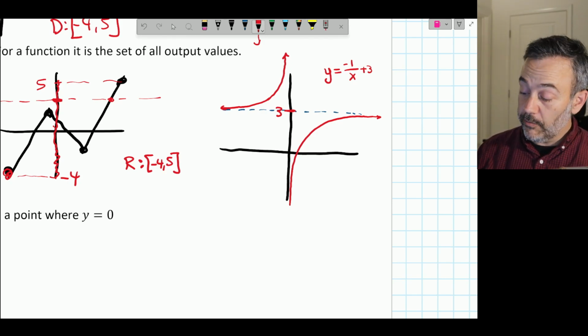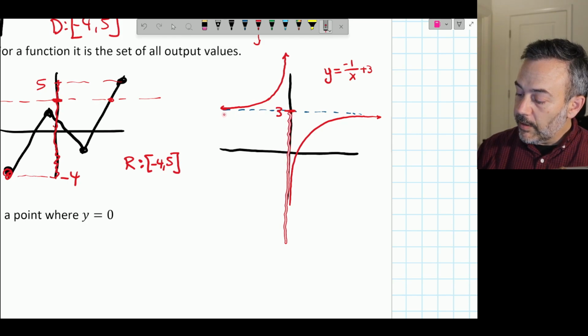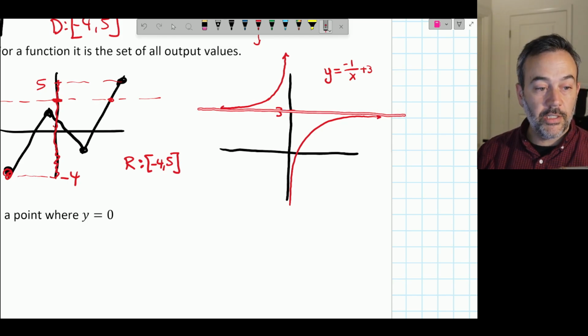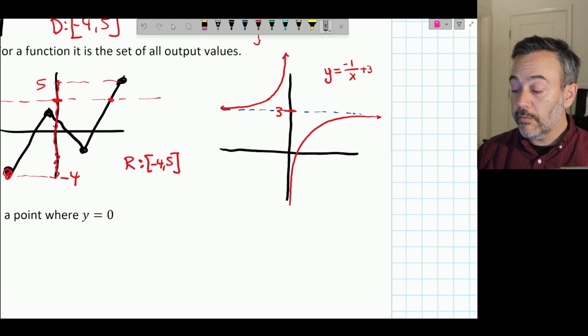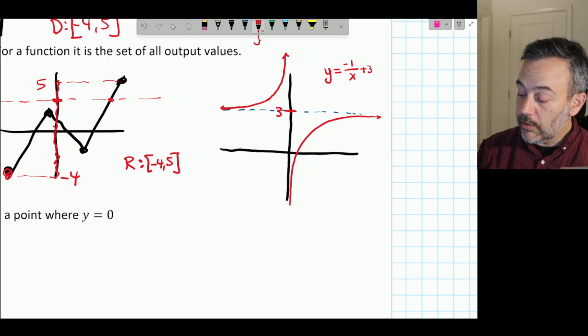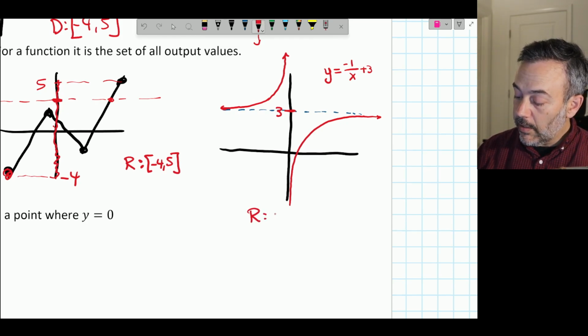And what's in the range? Well, the graph reaches all heights from -infinity up to 3. But if you were to draw a horizontal line at 3, you'll see that it doesn't touch the graph anywhere. So 3 is not in the range. So the range is everything from -infinity up to 3, but not including it.